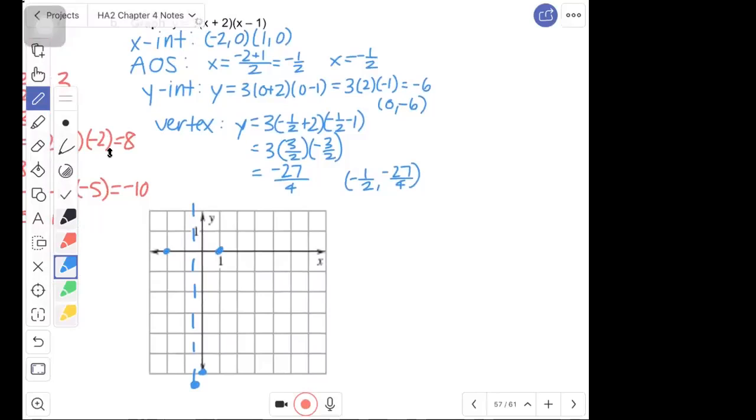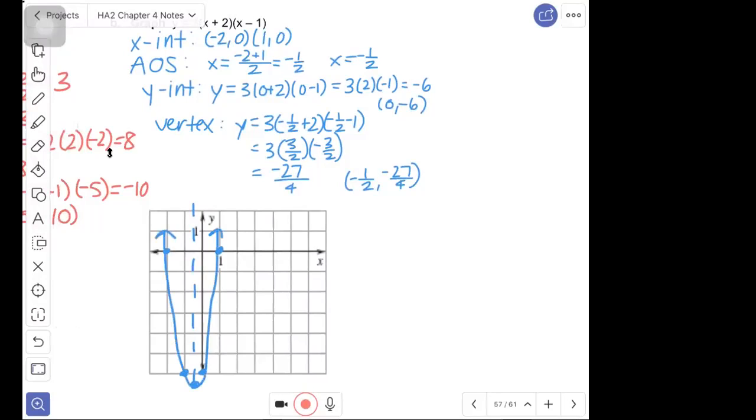Would it be like -1? -1, and then what's the y coordinate? 6. Yeah, right there, because every point is reflected over that axis of symmetry. And there's our graph. Questions on this one?